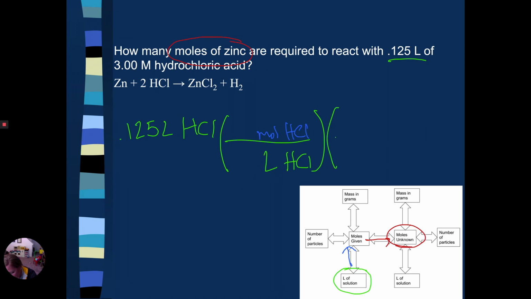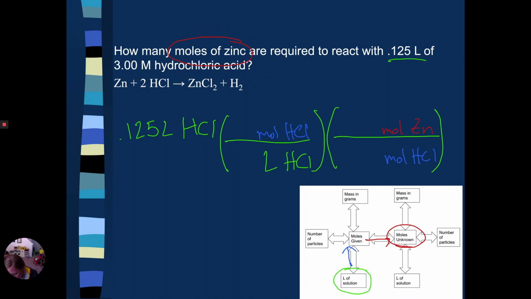Okay, next step, leaving moles and going to moles of our new thing, so moles of zinc. Okay, once again, notice the pattern. Liters cancel out liters, moles cancels out moles. The only thing that doesn't cancel is the thing that I have circled up here.